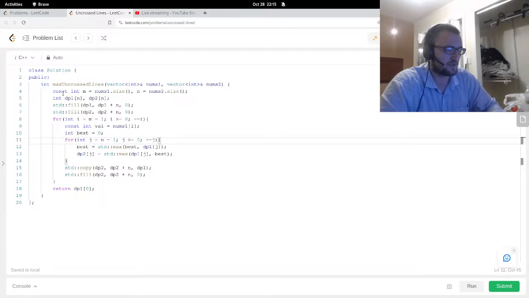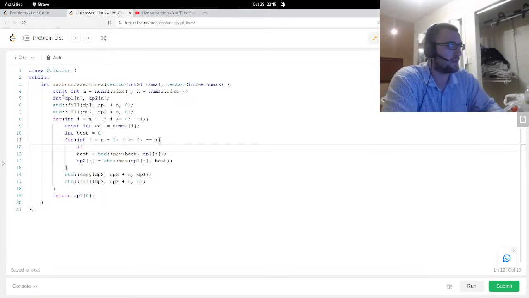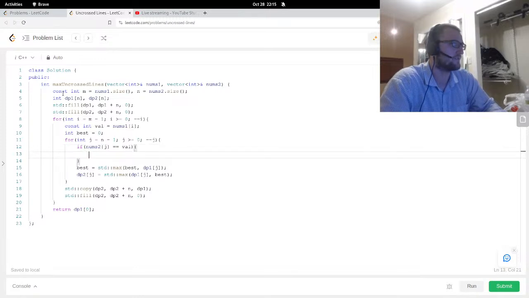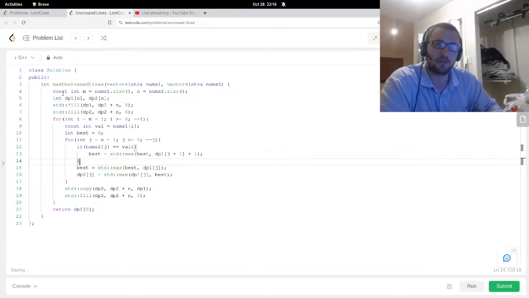And we're going to say also if nums of 2 of j is equal to value, then we can take best and set that equal to the maximum of itself and dp1 of j plus 1 plus 1. So it's a little bit confusing, but that's an update to the value for best.